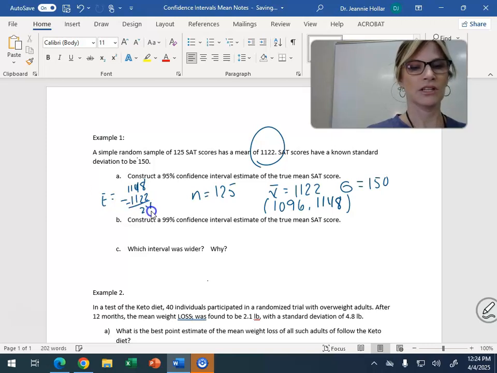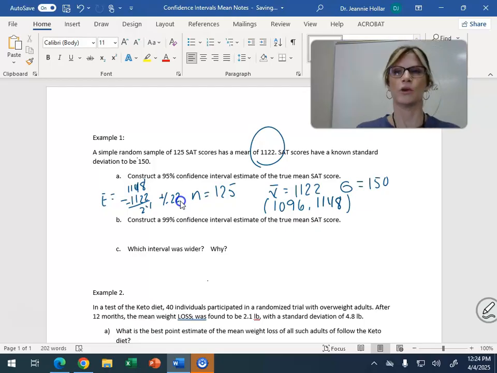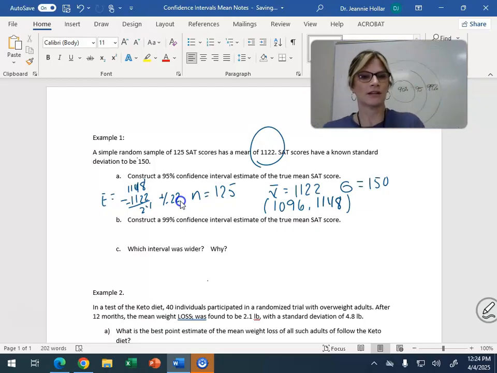So that's really like plus or minus about 22 points. And you could subtract it the other way too. You could say 1148 minus 1096, and you'll also get plus or minus about 22. So you're trying to figure out about how much it is off from the middle.